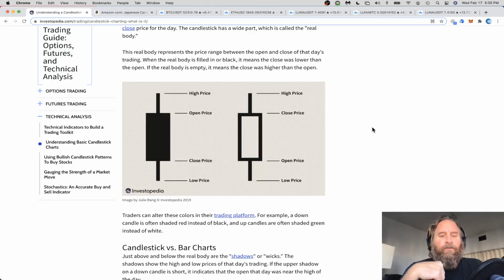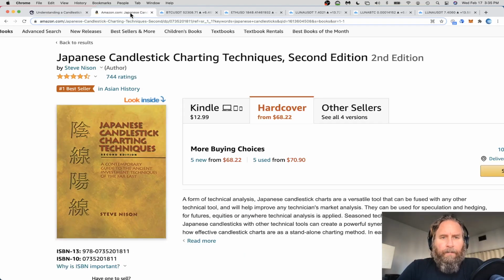It's one of the first things I started to learn when I started learning how to trade properly. I got this book, Japanese Candlestick Charting Techniques, and I would recommend this for everybody. It's probably anywhere from $60 to $100 for the hard copy.